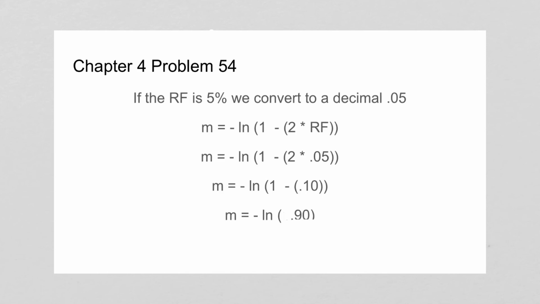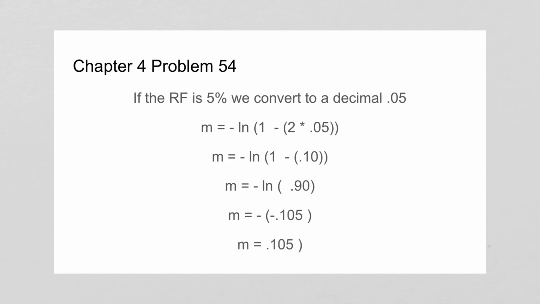So m equals the negative natural log of 0.90. If I plug that into my calculator, I get negative 0.105, which multiplied by a negative equals 0.105.